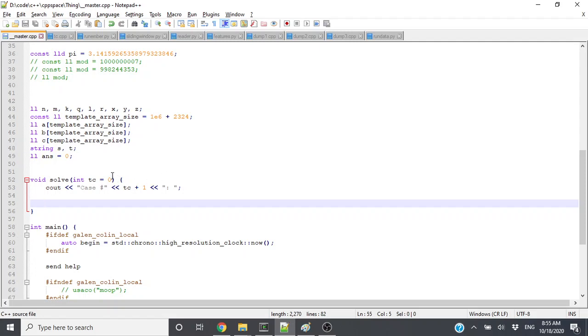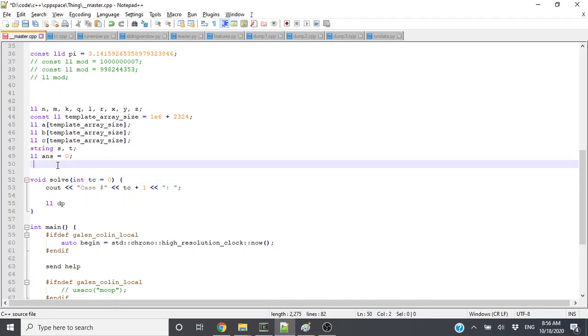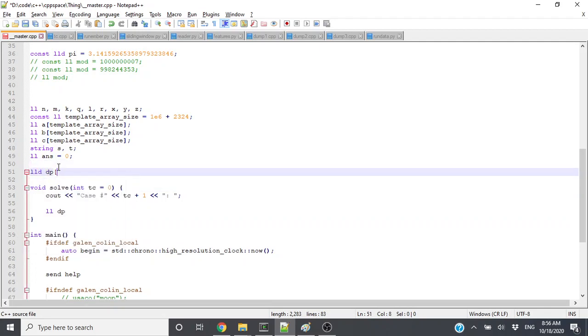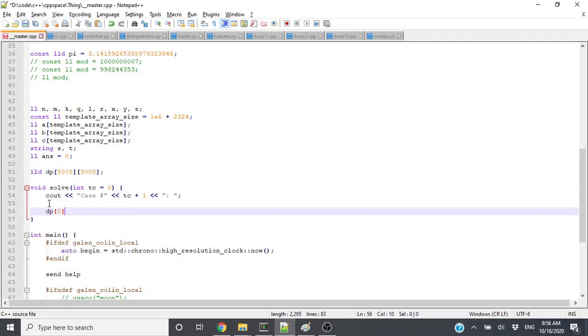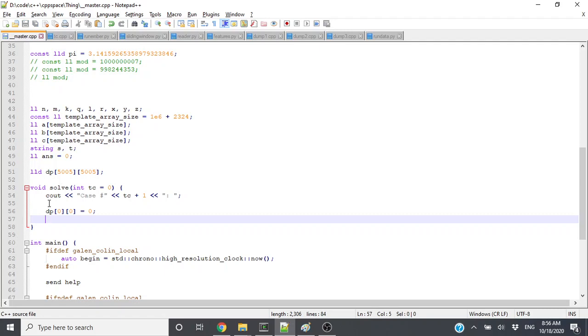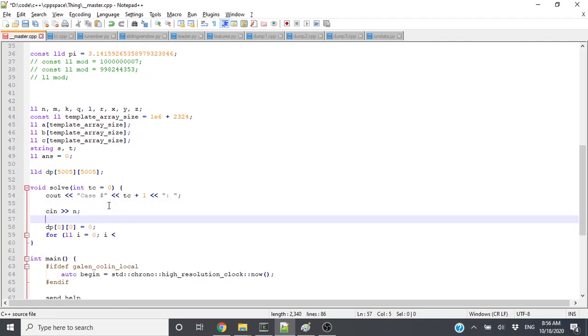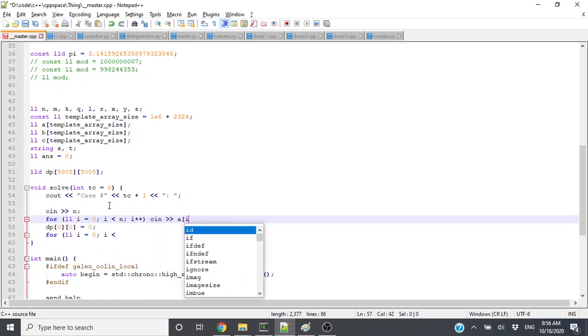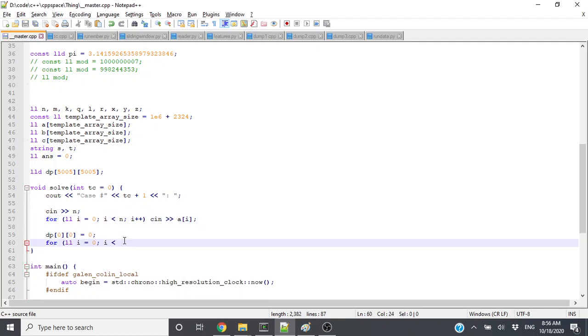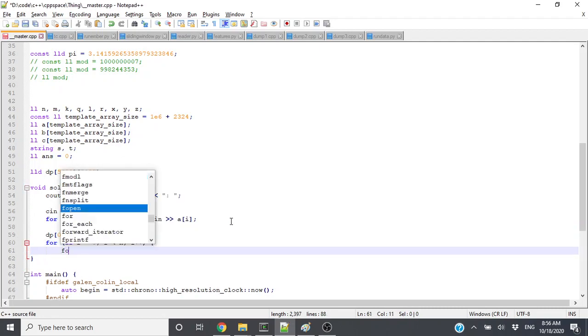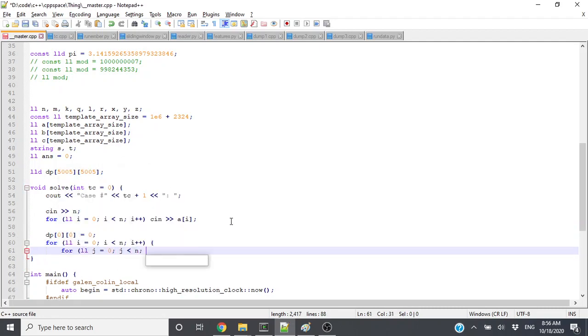So let's use long double DP. Okay, DP 0, 0 equals 0, obviously, because we can't have any expected moves for that. Then for long long i equals 0, i is less than n, i plus plus, for long long j equals 0, j is less than n, j plus plus.